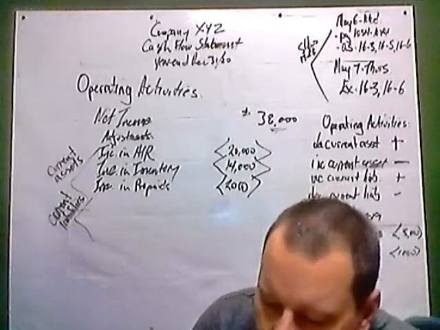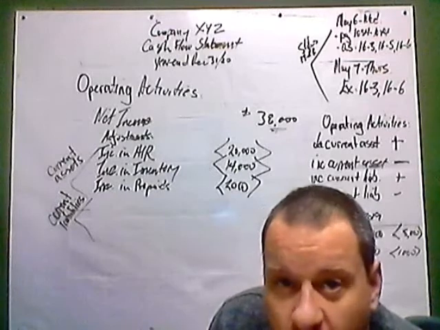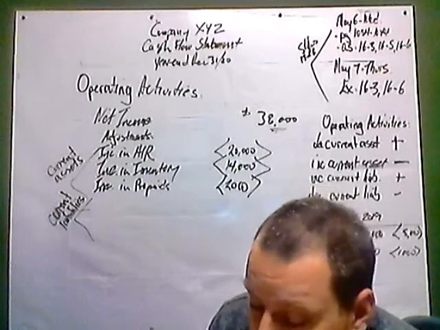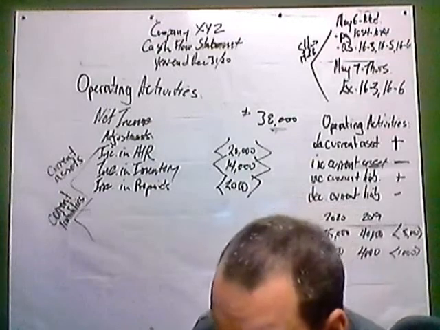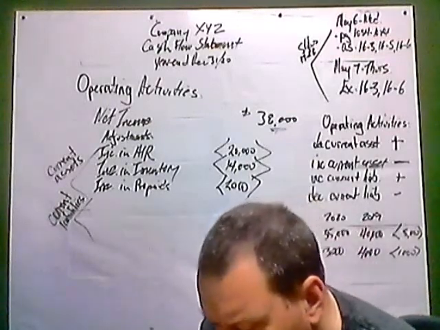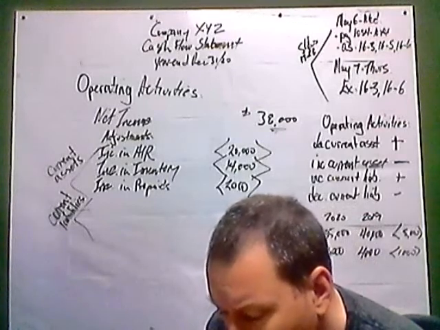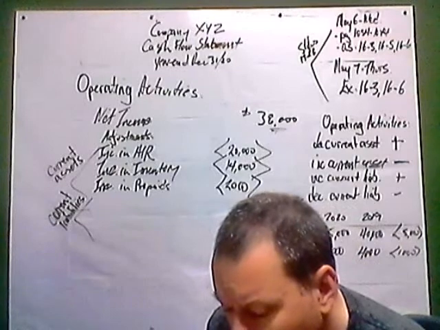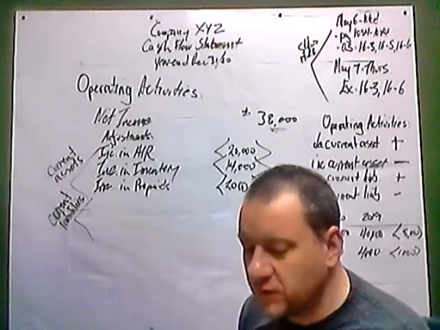Anything else? Also, I don't know why in slide 24 they don't say this, but we also had a change in income tax payable, in this case an increase in income tax payable of $10,000.